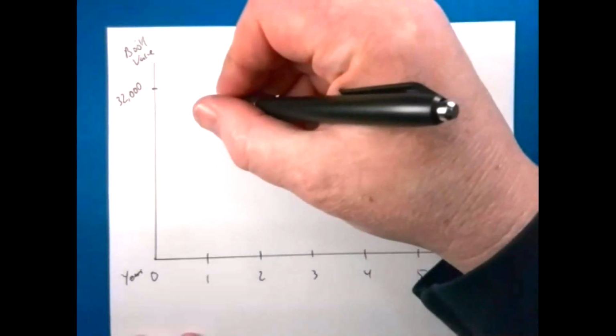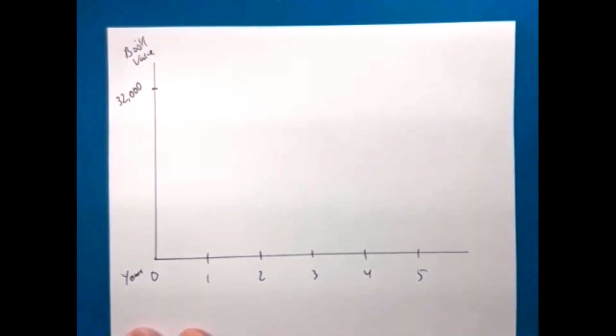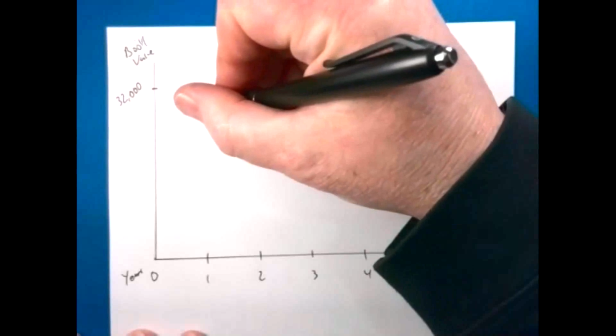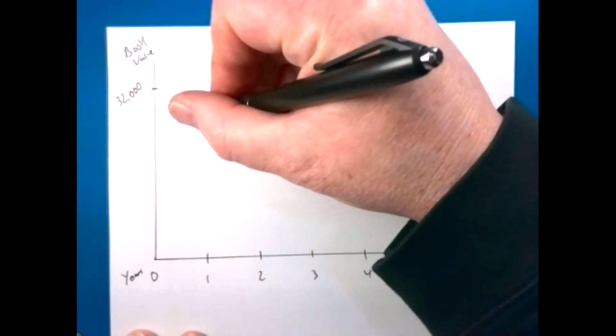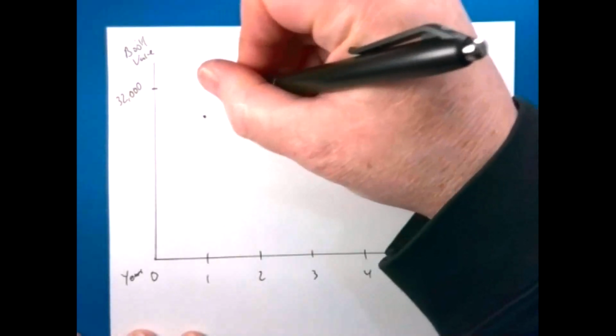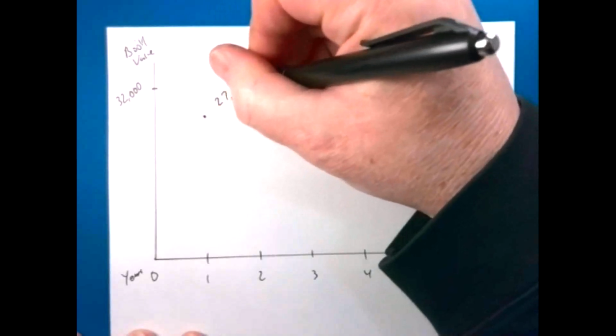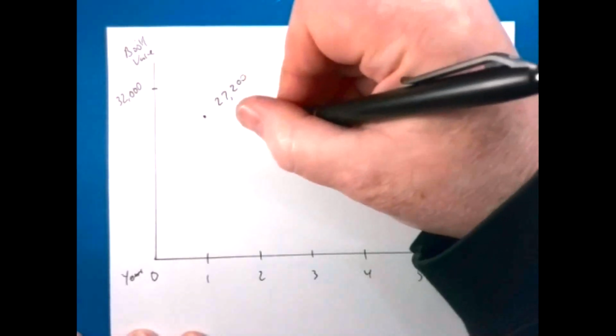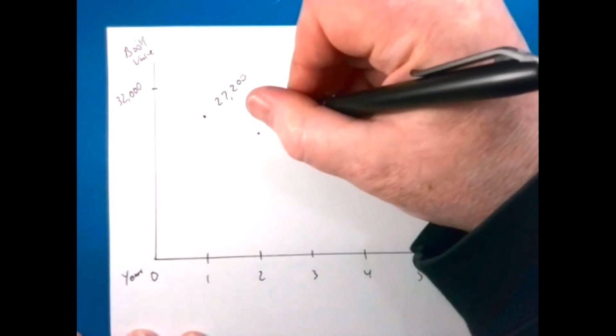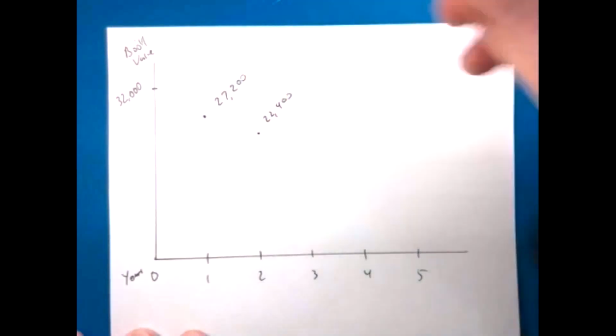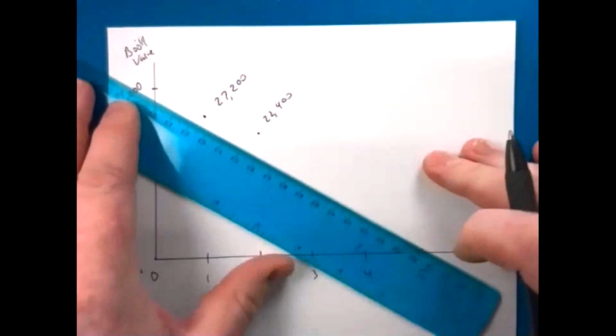And then after the first year, it went down by 4,800 to 27,200. Then it went down to 22,400 and so on. So this is going to keep going down.